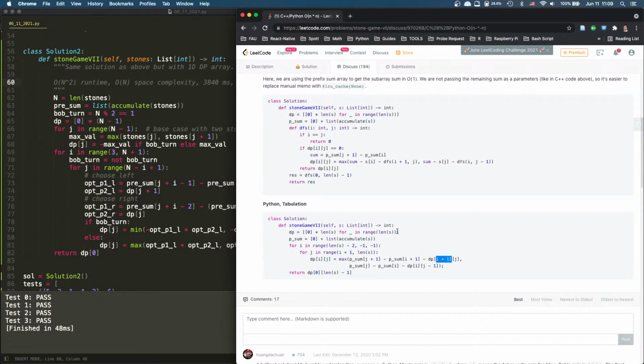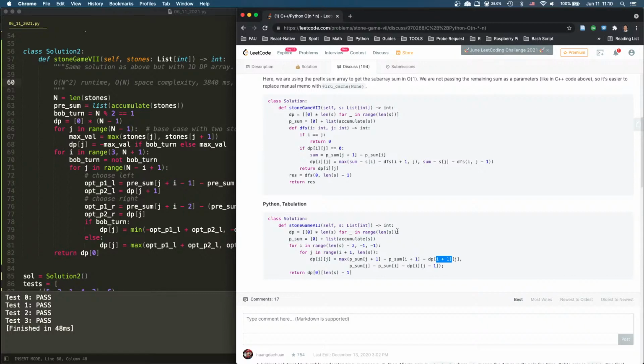Plus 1. So we're going to get a maximum of this minus this. But you don't care who is doing what. If Bob's doing this, Bob's score minus Alice's score.